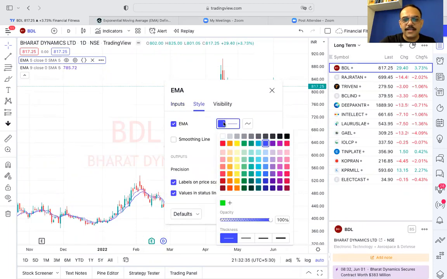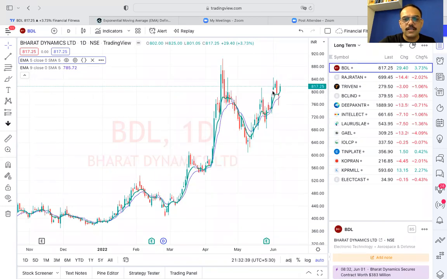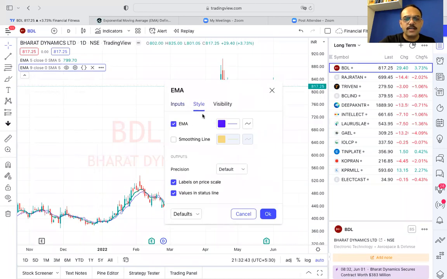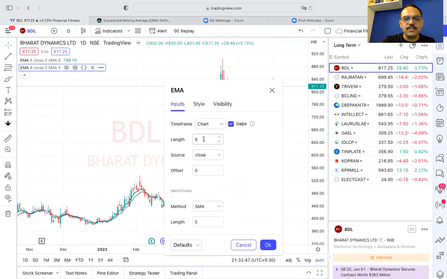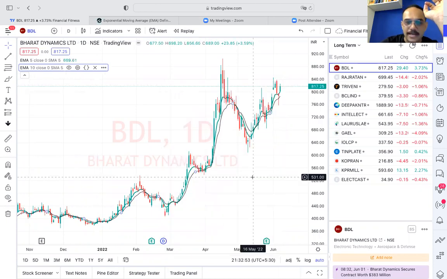Style, let's make it green, and we have the green line. Then you go settings, style, let's make it black, input is 10. So this is an exponential moving average 5 over 10.